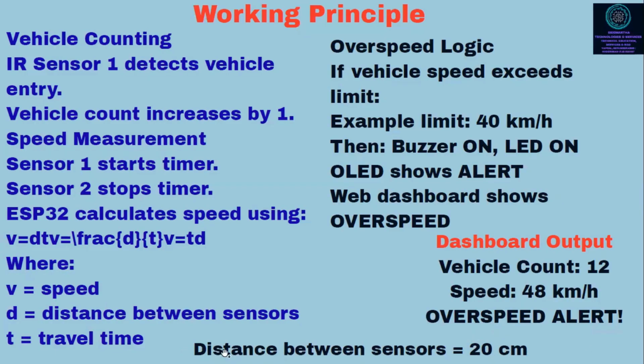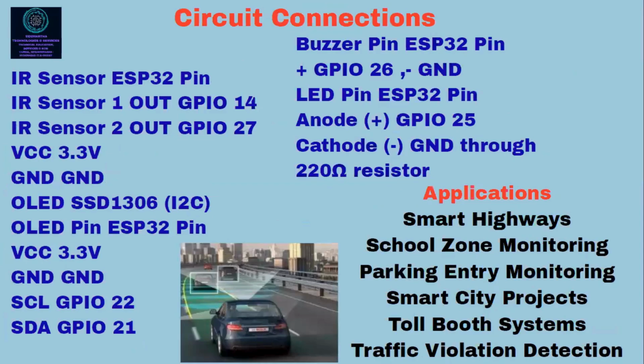A very important point is the distance between the two sensors, which we have kept at 20 centimeters. That is the only value we have taken in the code also. Now the circuit connections for the ESP32 are very simple. One IR is connected to pin number 14, the second to pin number 27.